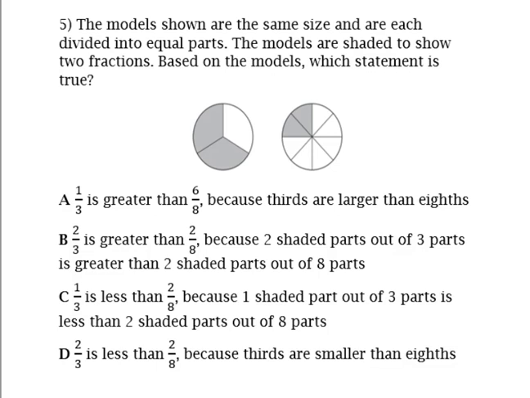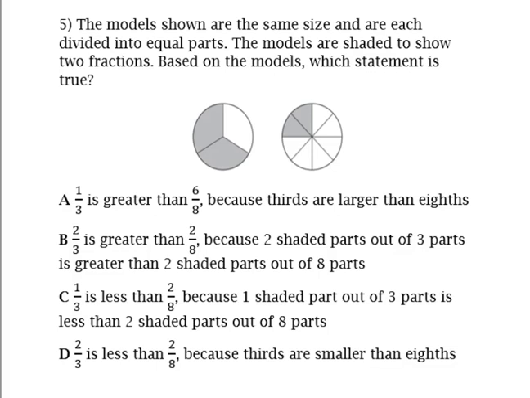The circle on the left-hand side is divided into 3 sections, and there are 2 sections that are shaded, which means there's 1 section that's not shaded. And then looking at the circle on the right, it's divided into 8 different parts, and there are 2 sections that are shaded, and that means there are 6 sections that are not shaded.